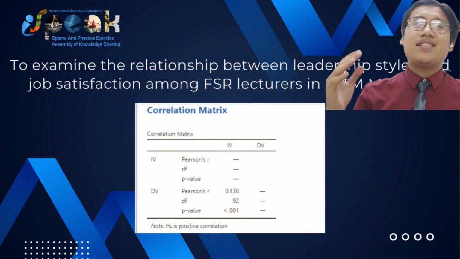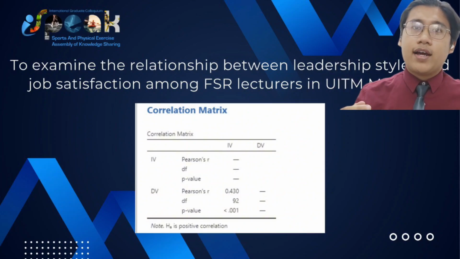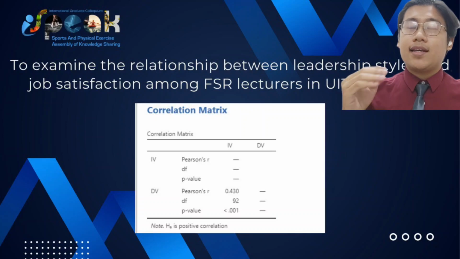The p-value is less than 0.001, indicating that the correlation is statistically significant. So that means there is strong evidence to reject the null hypothesis, confirming a positive relationship.